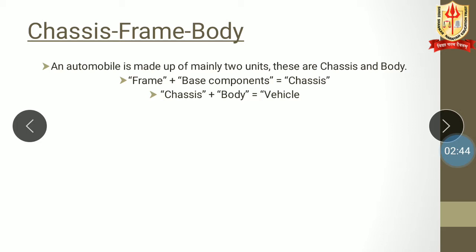Now chassis, body and frame, these three components are interconnected with each other. So these components form an equation. How this equation works, let's see. An automobile is made up of mainly two units, chassis and body. So how is chassis made? Frame plus base component is equal to chassis, then body plus chassis is equal to vehicle.